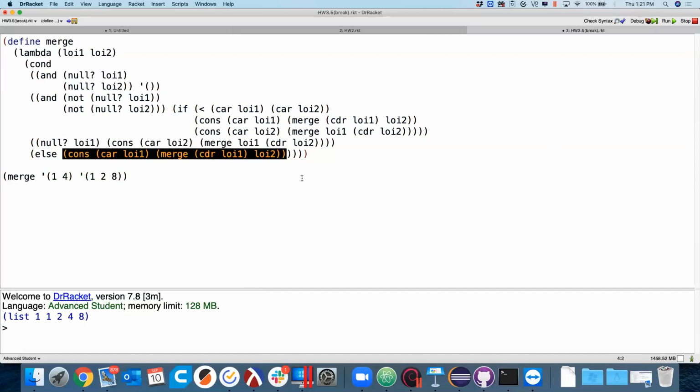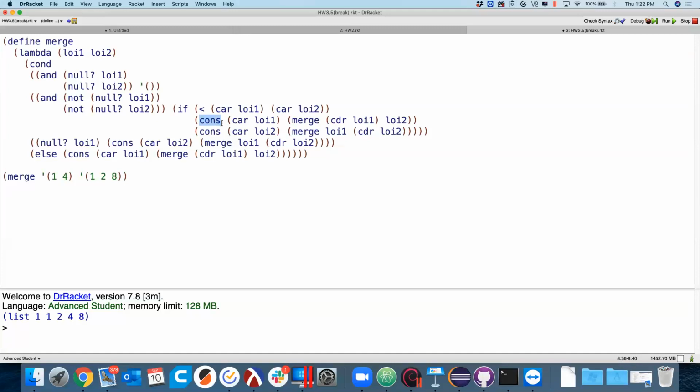Go ahead. So in my code, at no point do I have it being empty list. Is that technically incorrect? Well, you're using conses, right? Or are you using list? Yeah, cons needs to have a stop case.